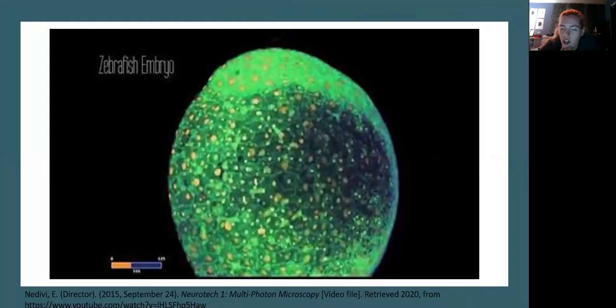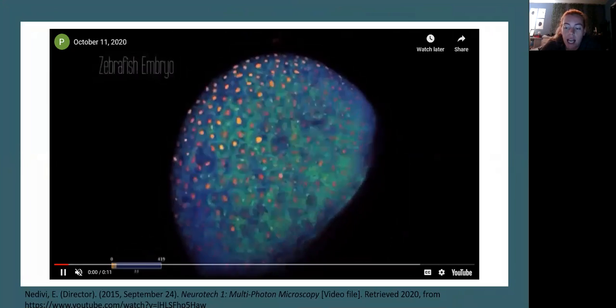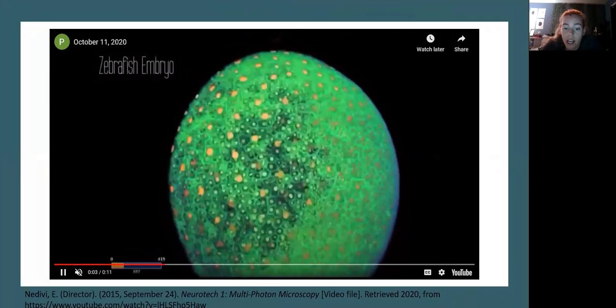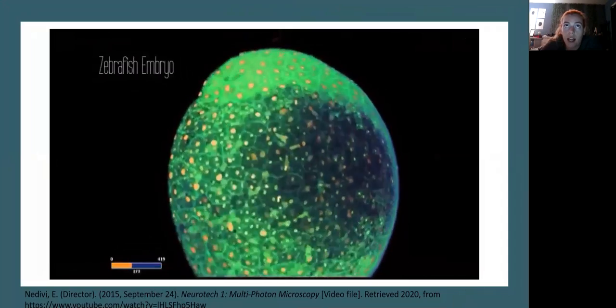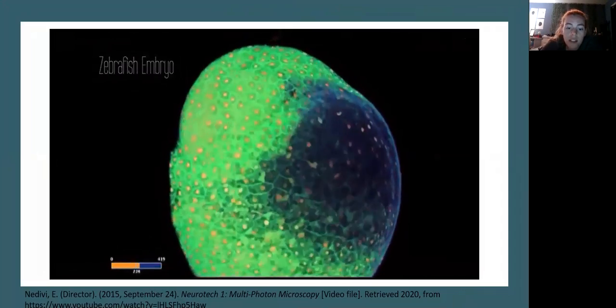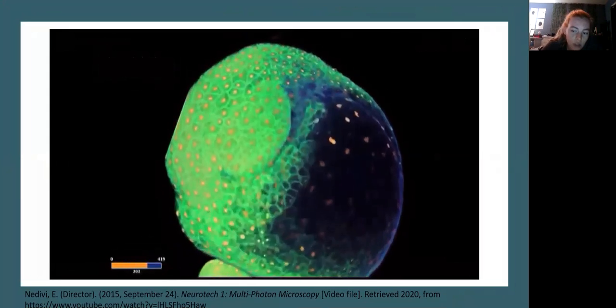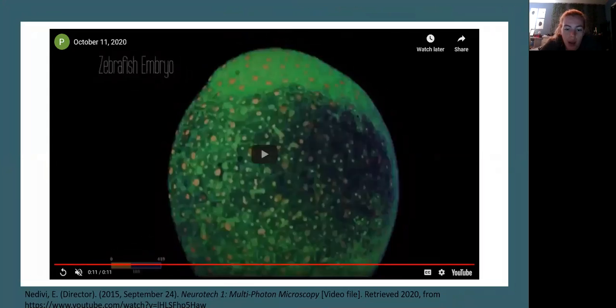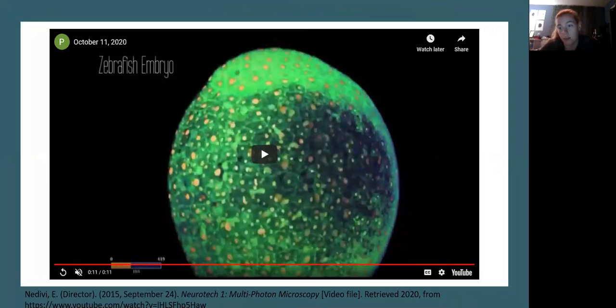These exams are usually performed below 10 milliwatts. The common feature is the use of a high numerical aperture objective to get a high concentration of laser power inside the sample itself.